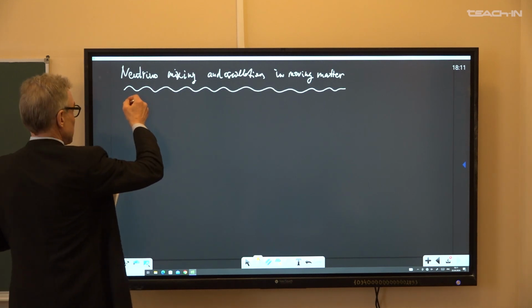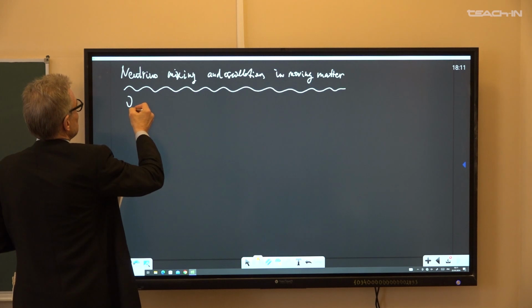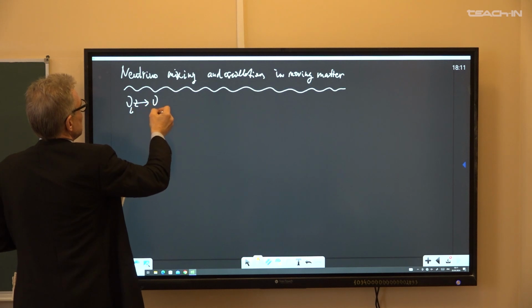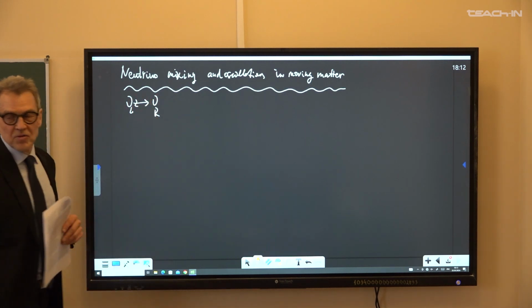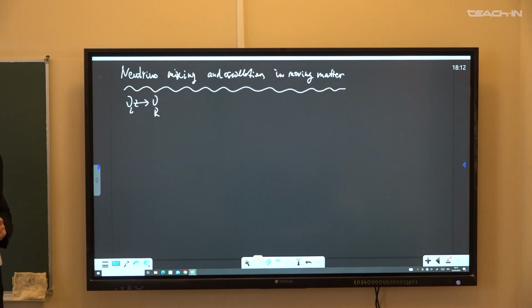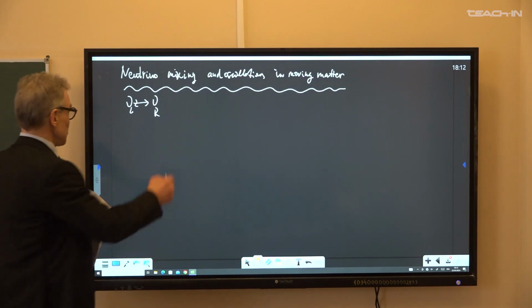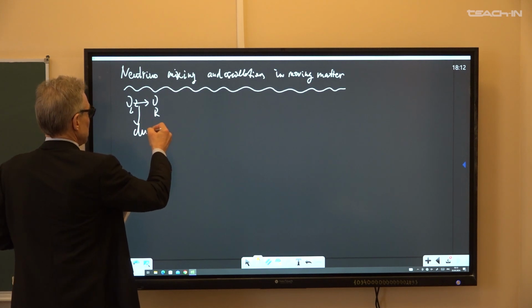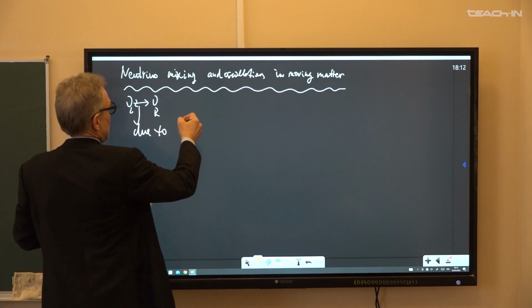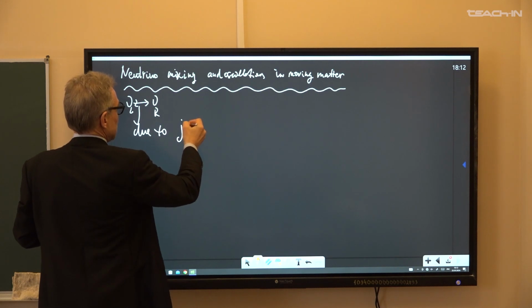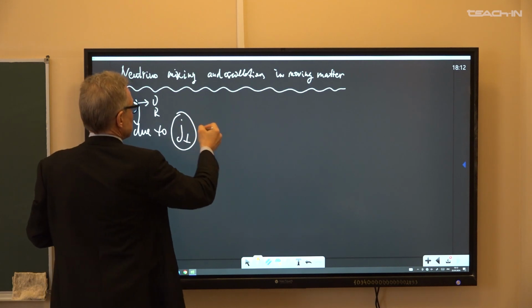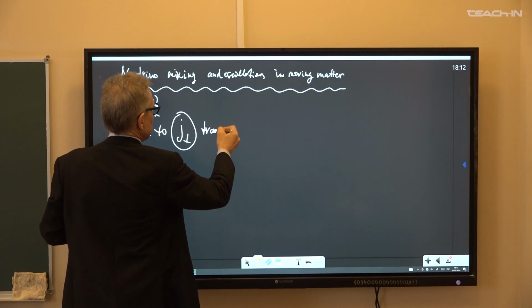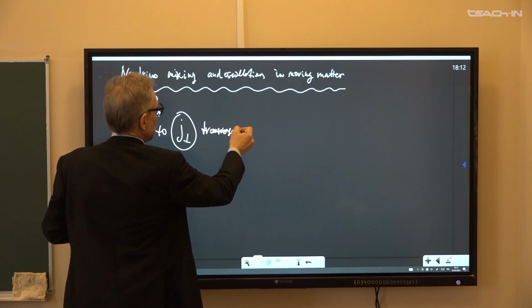So there exists neutrino mixing and oscillations. I am not saying what kind of neutrino. Flavor, let's say, electron left to electron right, due to matter current, this is transversal matter current.